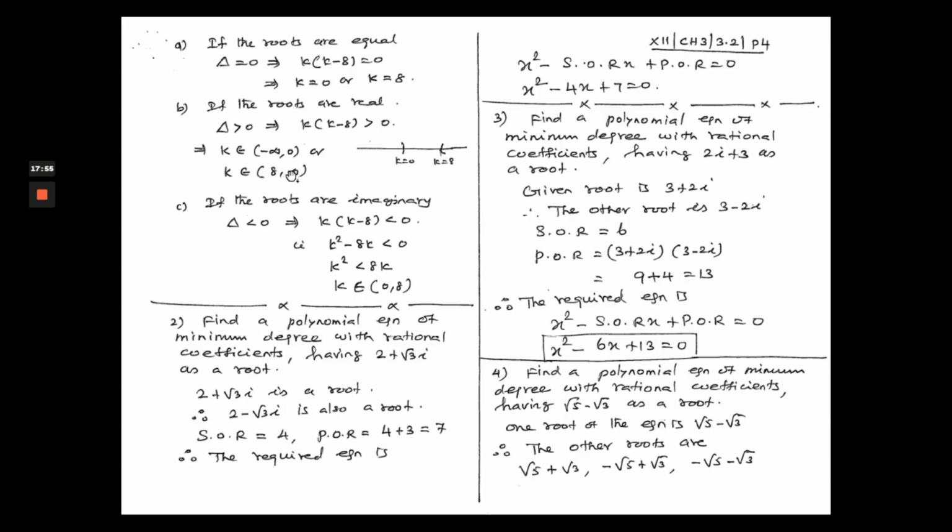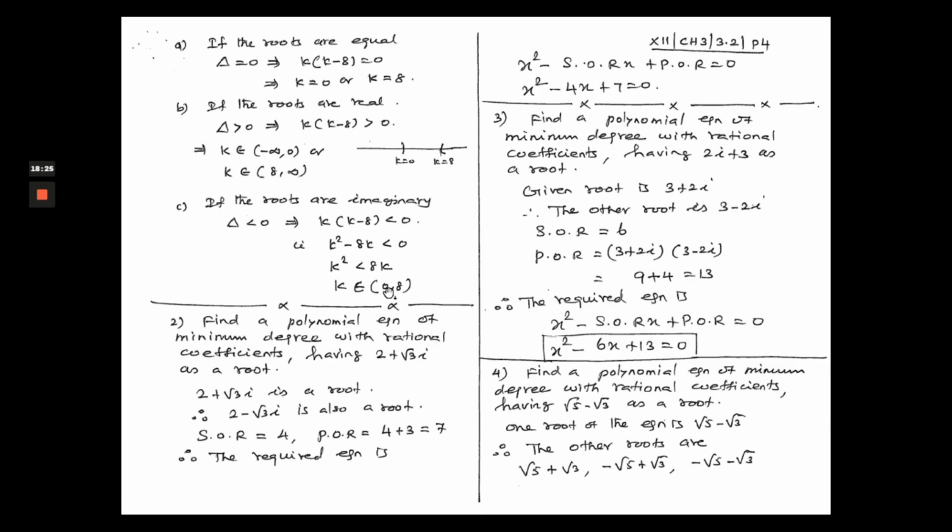Right. Suppose the roots are imaginary. Imaginary means delta is less than 0. Third case: delta less than 0 means k into (k minus 8) is less than 0. So k squared minus 8k is less than 0. k squared is less than 8k. So k belongs to (0, 8).